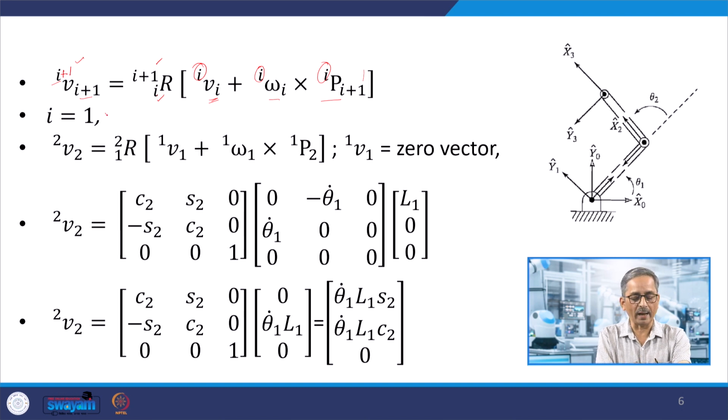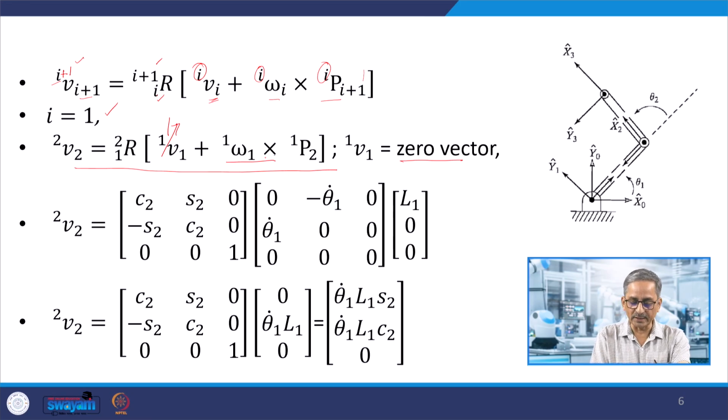Now, if I put i equal to 1 over here, I will be getting this equation, right. V11 we have already seen is a 0 vector. Okay. So, this term is not going to contribute anything over here. This one, omega 1 cross, I can write as a skew symmetric matrix.